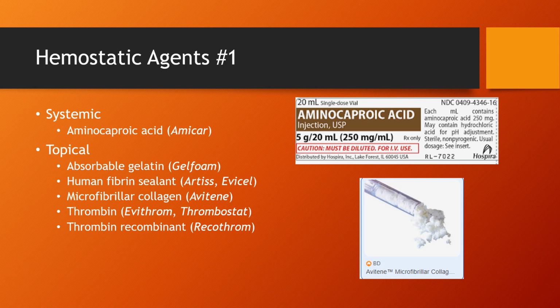Hemostatic agents, so we can have systemic agents such as aminocaproic acid or Amicar. We also can have topical agents, so absorbable gelatin, human fibrin sealant, microfibrillar collagen, thrombin, and recombinant thrombin.